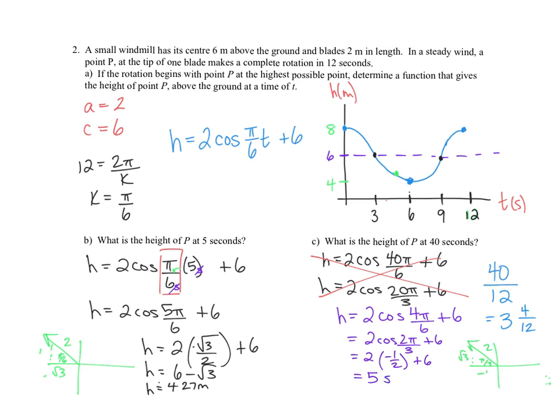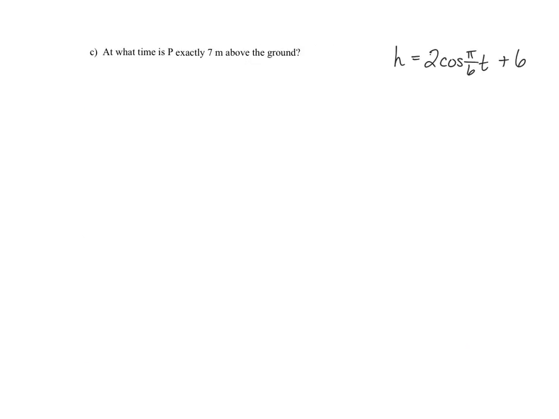So what is the height of P at 40 seconds? Sorry, our height will be 5 meters. Awesome. So again, I can still bring this back to my first rotation, which will make it a lot easier for me to find the exact value when needed. Oh. So we're not quite done with this question yet.